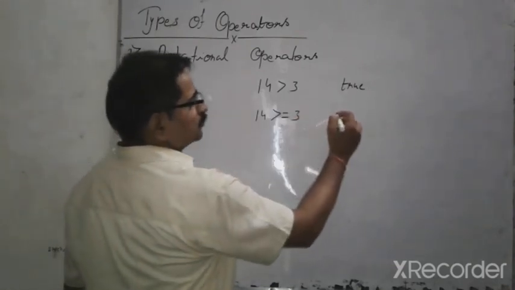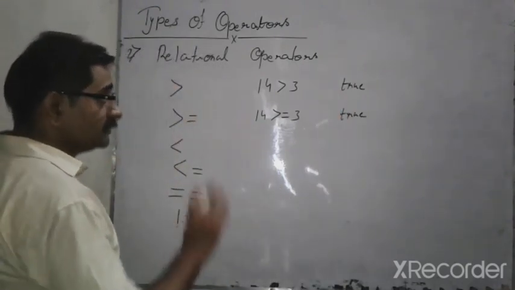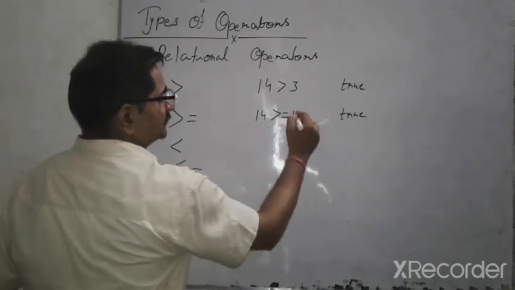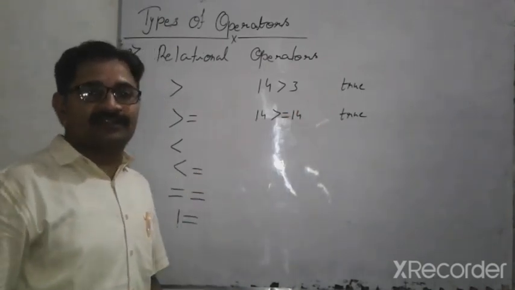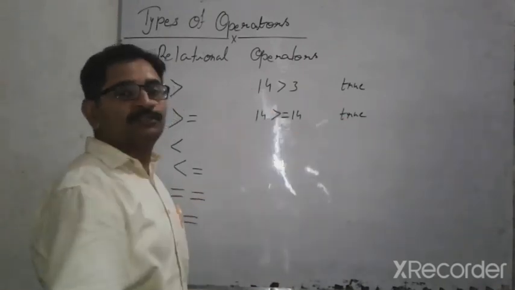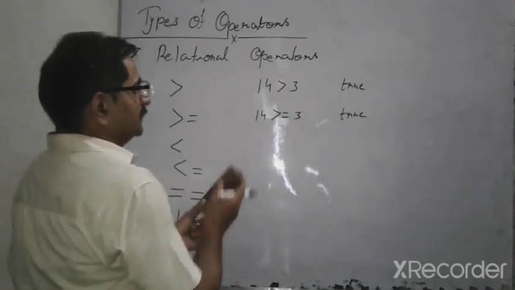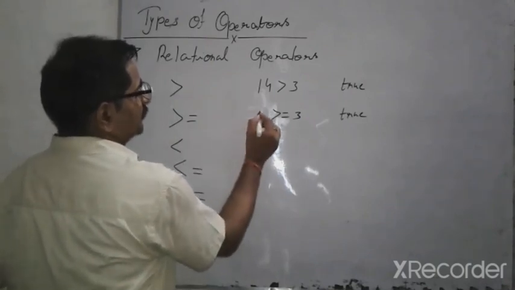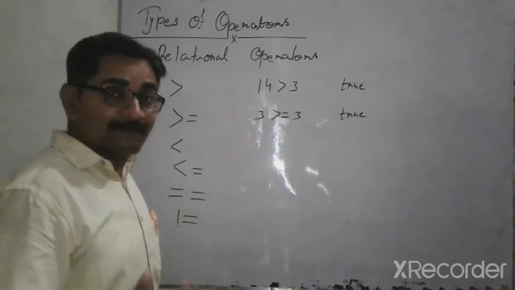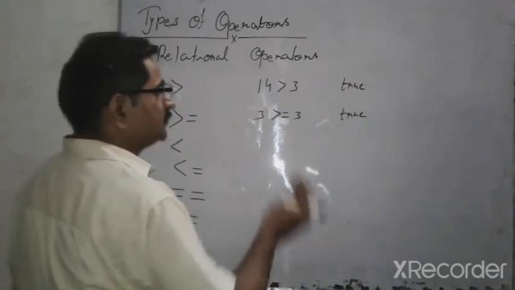So this condition is true, and the result is true. Suppose we take 14 and 14. 14 is not greater than 14, but 14 is equal to 14, so we get the same result, true. If we take 3 and 3, 3 is not greater than 3, that is false, but 3 is equal to 3, so we get the result true.